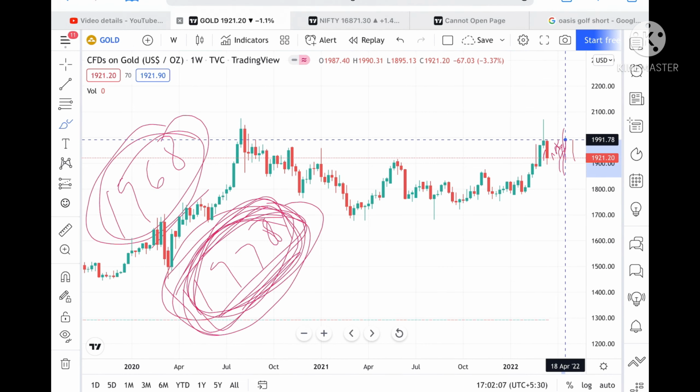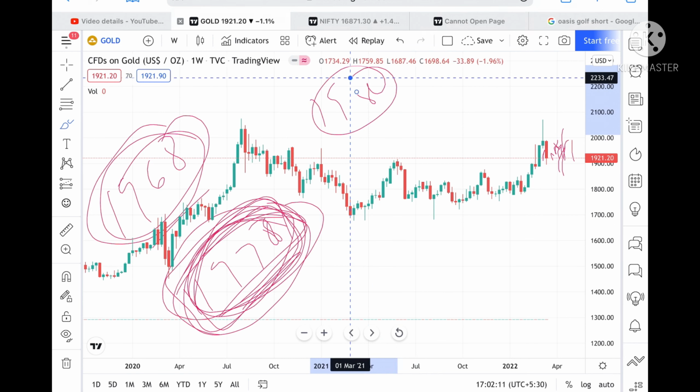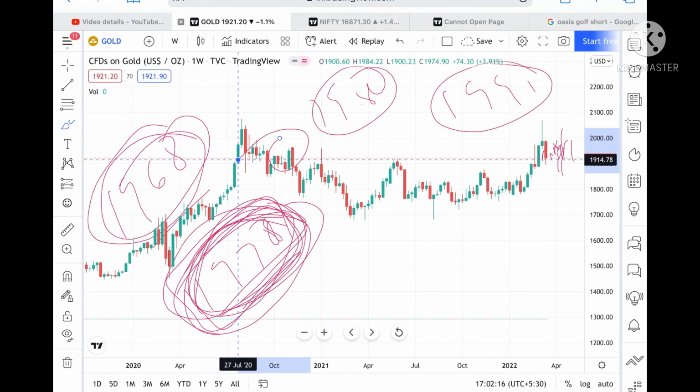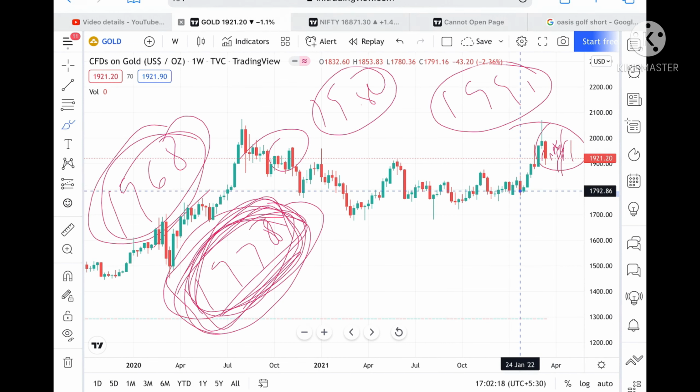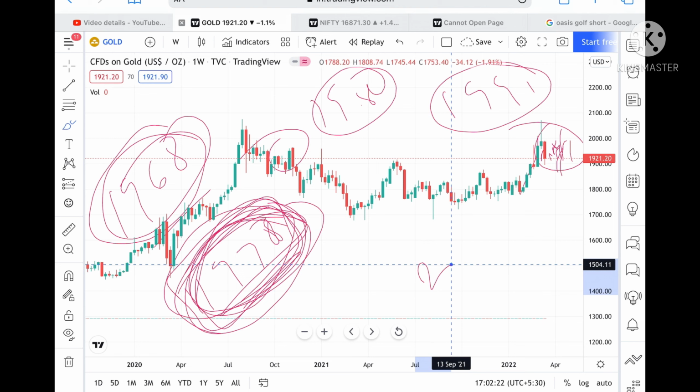If it comes close to a level of 1988, it can touch a level of 1991, and this 1991 is already being tested here, so the probability will be very high that it can go further upside towards a level of 2013.